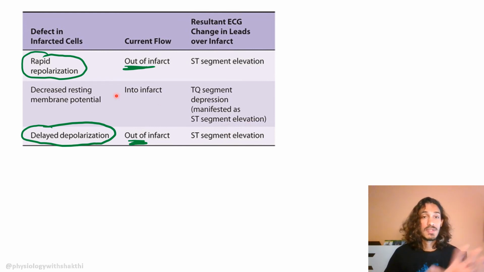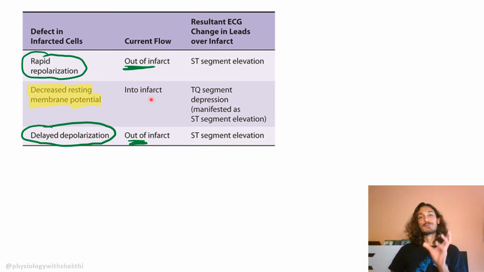This is already established. Because of both of these things, the ST segment appears elevated. In the resting phase, the current is moving into the infarct. Actually what happens is, because of this, the TQ segment is depressed.